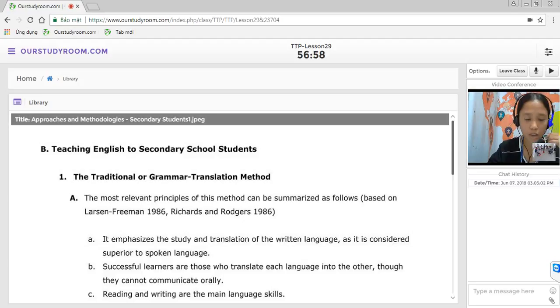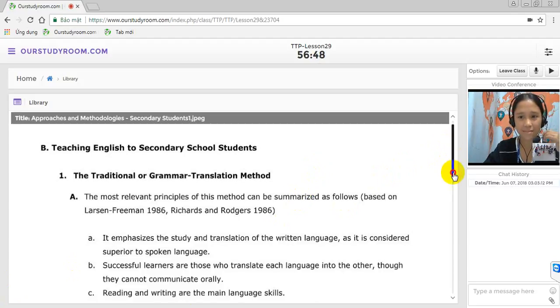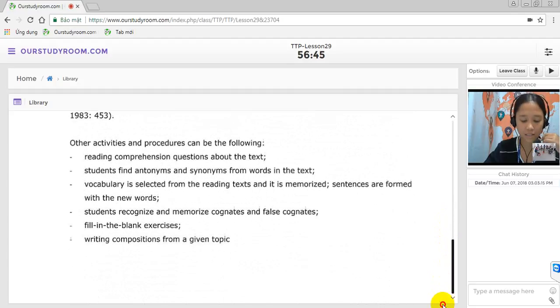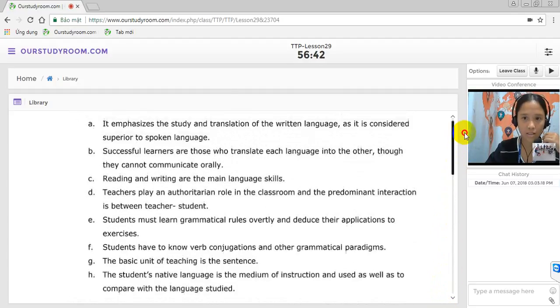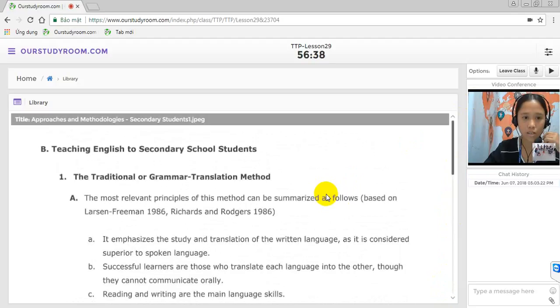Yes, the number 1, teacher Meow, please. This one here. Can you read it, please?